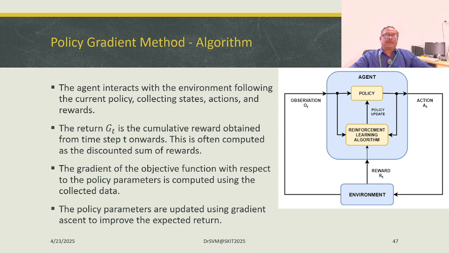The gradient is the one which gives the direction in which the function is increasing. The gradient of any function is the direction in which the function value keeps increasing.